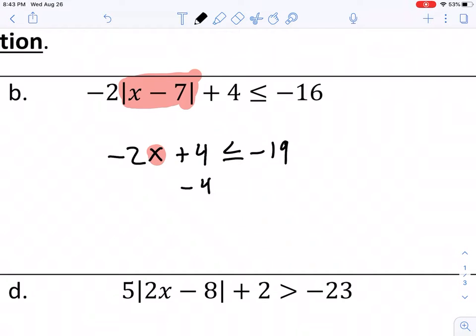So I would subtract 4 to both sides, and then after I do that and work that out and rewrite it, I would divide by the 2. We are following the same steps up here, but instead of having negative 2x, we have negative 2 times this whole thing. So we're just treating this thing as if it's maybe like a variable, which means I would subtract 4 to both sides first.